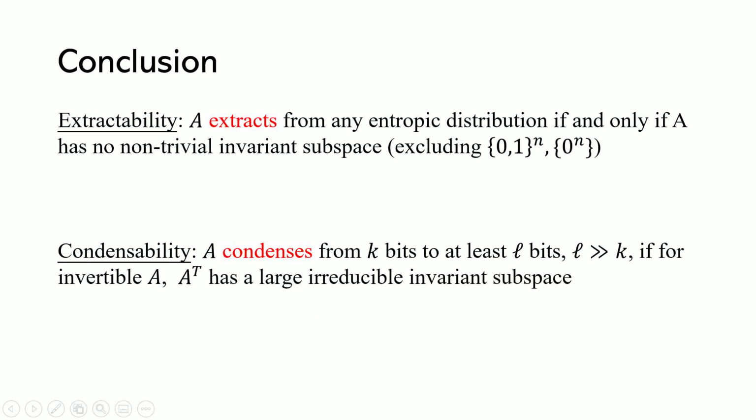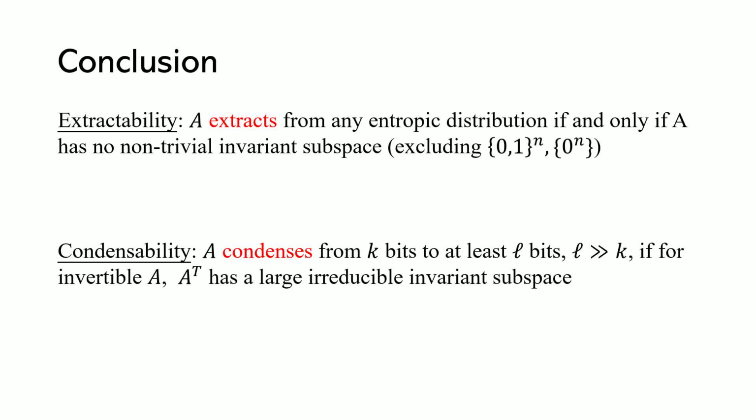If you reach the end of this talk, I just want to quickly recap what we've seen so far. In the first few slides, we defined what an online linear extractor is, and showed it can be uniquely characterized by a matrix A. The structure of A, especially its invariant subspaces, determines the extractability or condensability of online linear extractors.